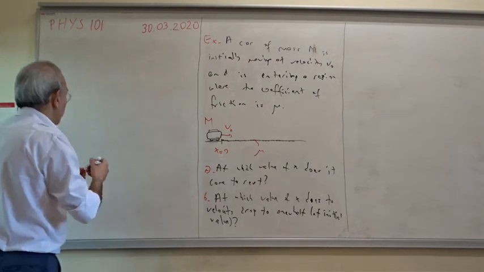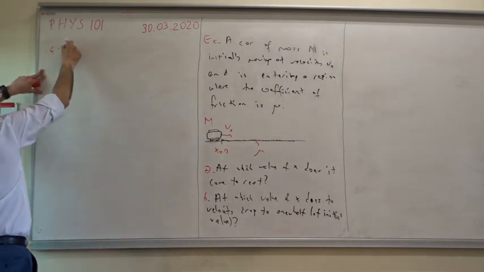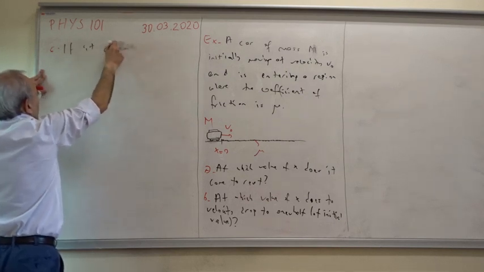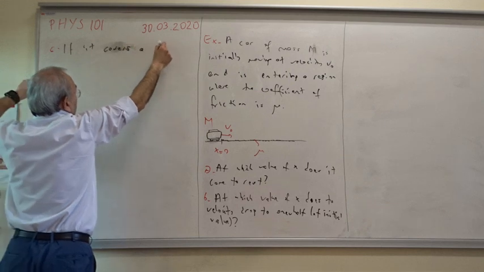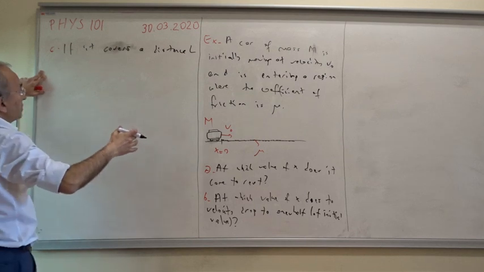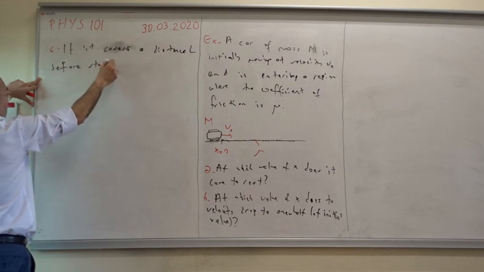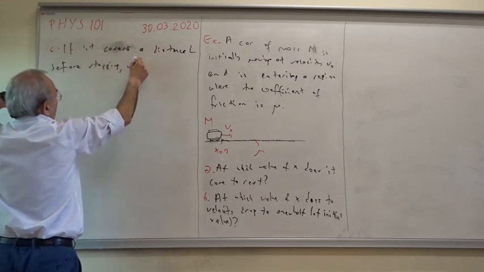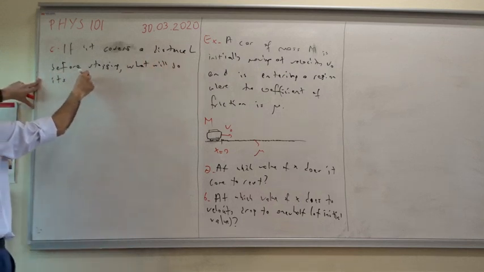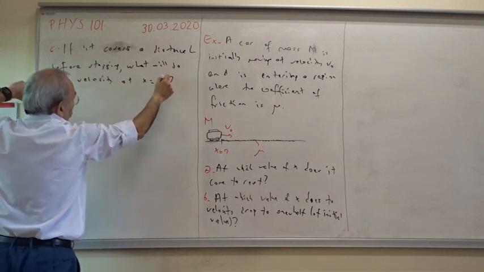Part C can be added to this. It is just the opposite way. If it covers a distance L before stopping, what will be its velocity at x equals half of it, L over 2.